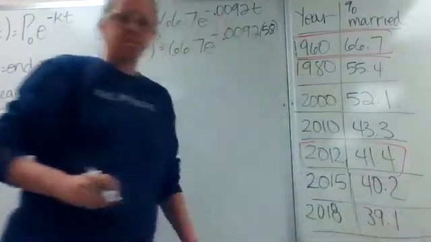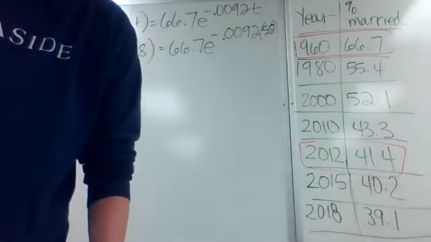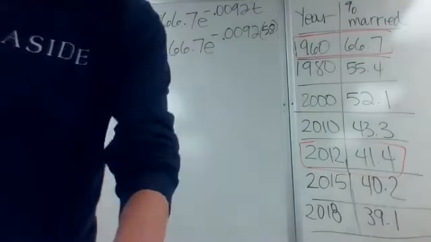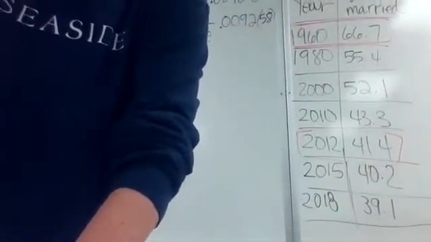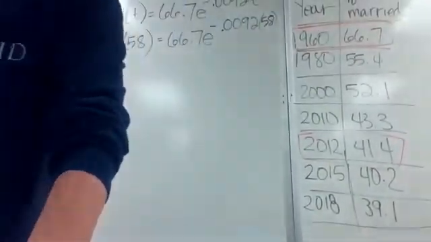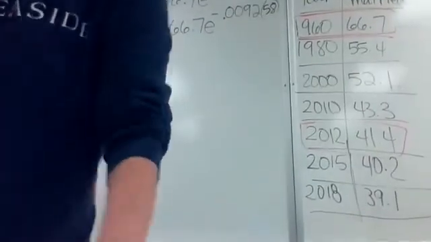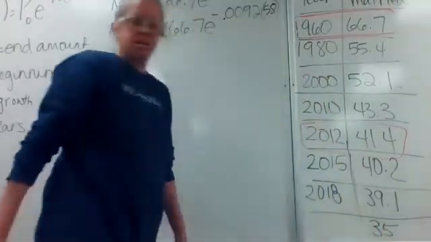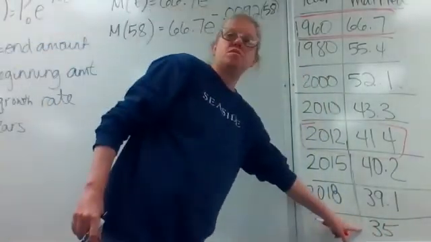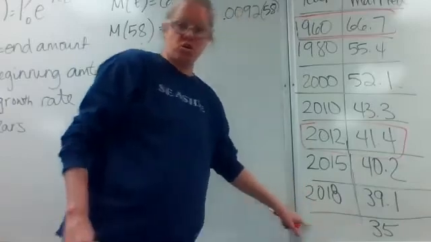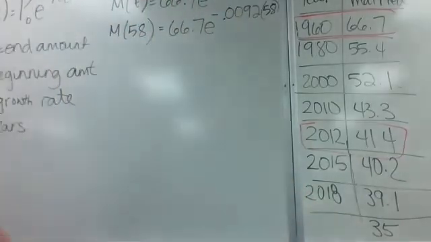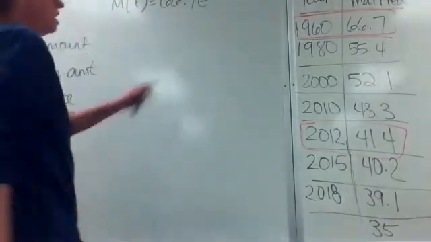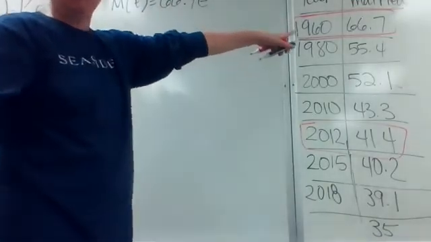The last question says, at this decay rate, in which year will the percent of adults who are married be 35%? So in other words, now I know this number. It wants to know this year. I know the beginning amount, 66.7.